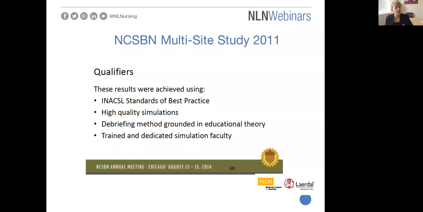The first phase involved a national survey to understand how simulation is being used. Part 2 was a randomized controlled study that examined the outcomes of the various amounts of simulation.